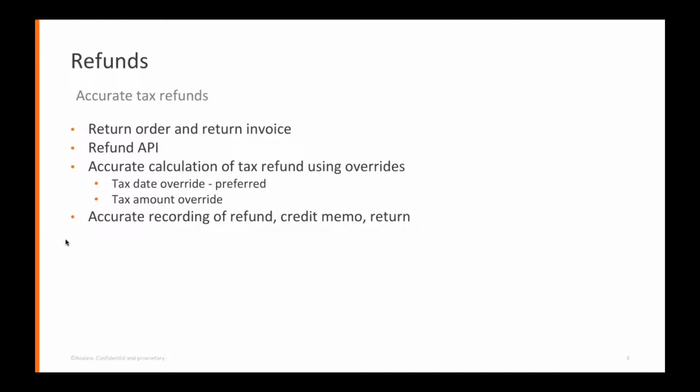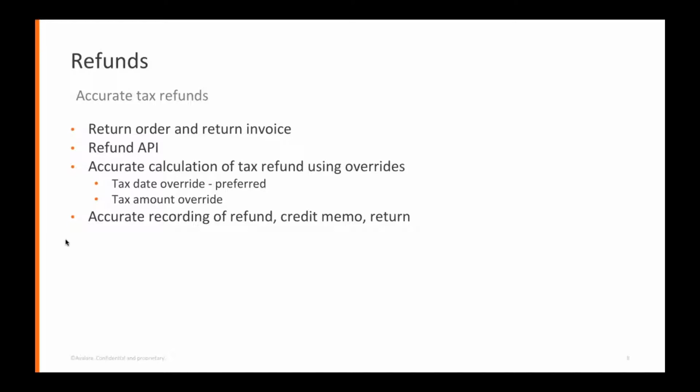If a return order is in there, you can assess the amount of tax that will be refunded when that return actually processes. And again, the return invoice will do the same, calculate the tax that is due, and return that. We do provide a refund API. This will take a lot of the heavy lifting out of the process for you. This is particularly useful if you're refunding an entire invoice.